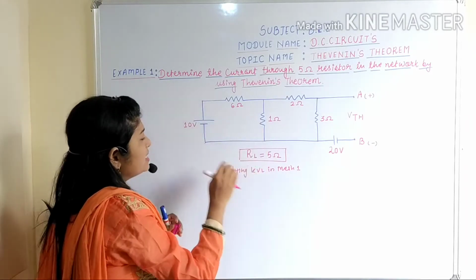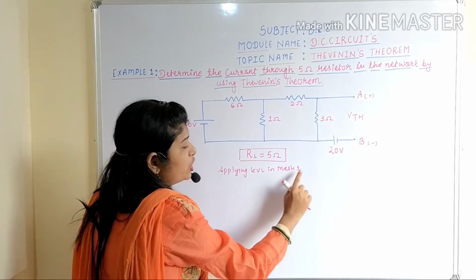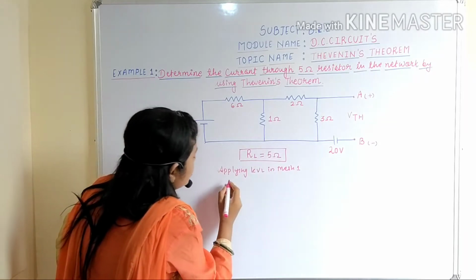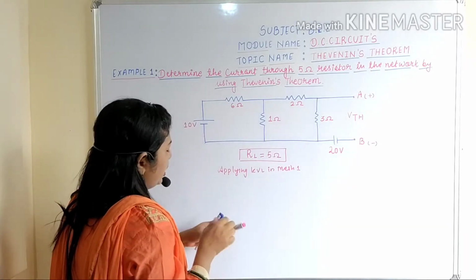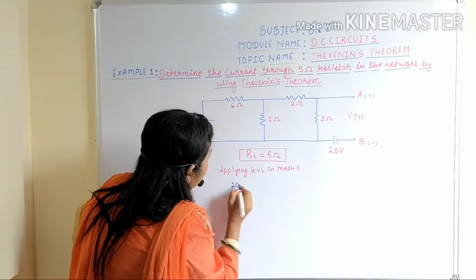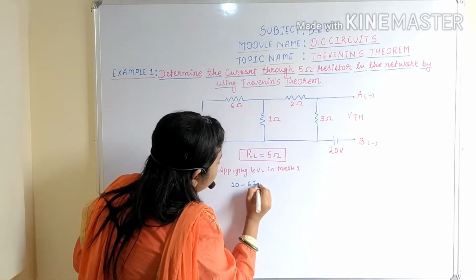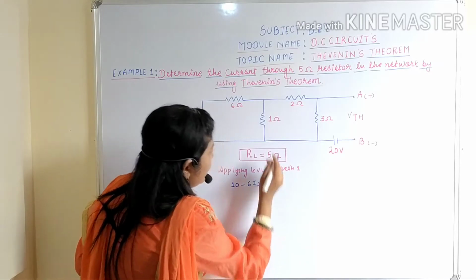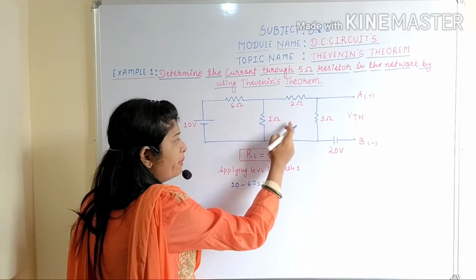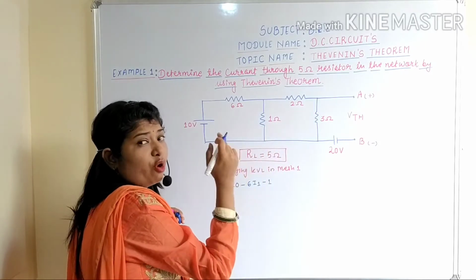So in this case, applying KVL in mesh 1, use all 4 sign conventions. Can you tell me the KVL equation in mesh 1? 10 minus 6I1 minus 1, as a 1 ohm resistance is connected between mesh 1 and mesh 2 and I am writing the equation for mesh 1.